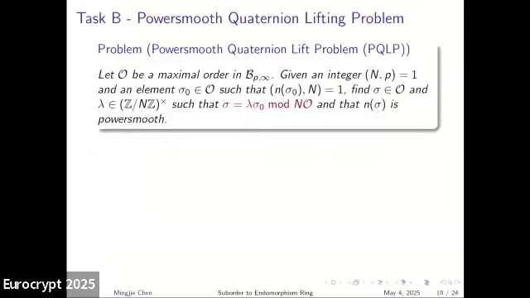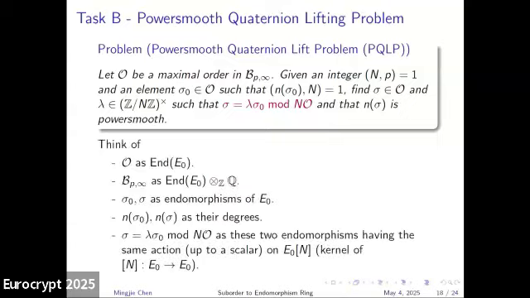For the rest, I will focus on how we resolve PQLP in full generality. Here's the statement of the problem. This might be some abstract nonsense to you at this moment, but let's relate everything to elliptic curves. Suppose we have the endomorphism ring of some elliptic curve given to us explicitly, and we have some integer coprime to the field characteristic, and an element in the endomorphism ring, so an endomorphism.